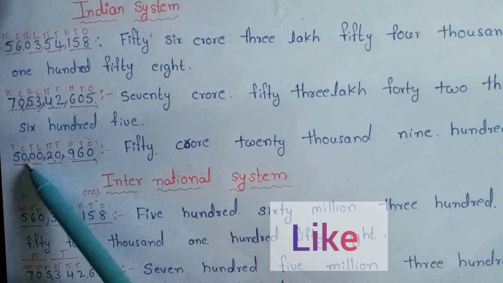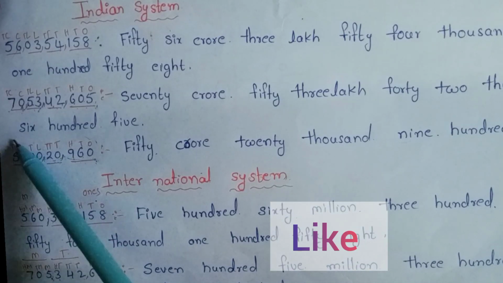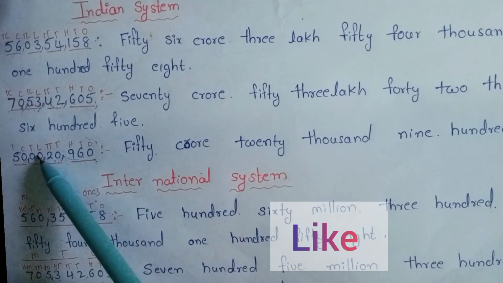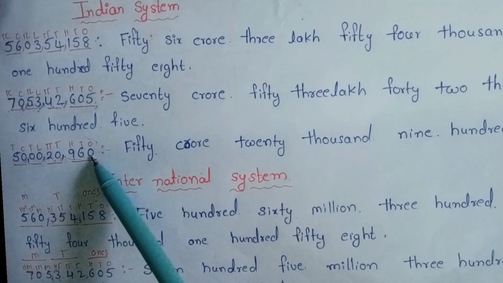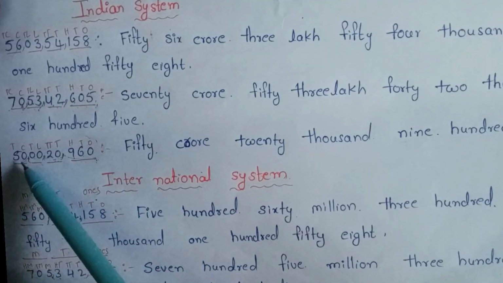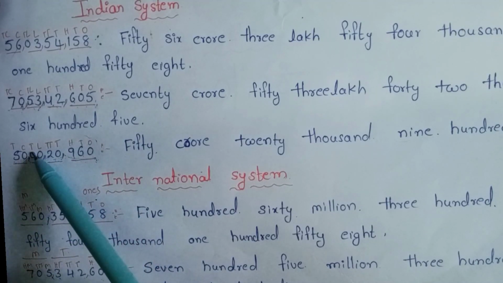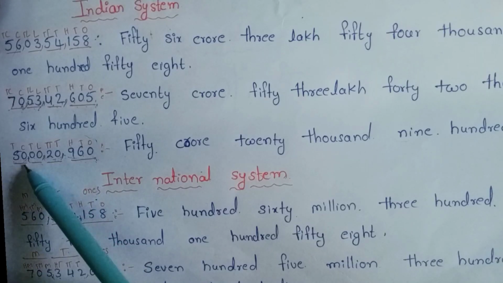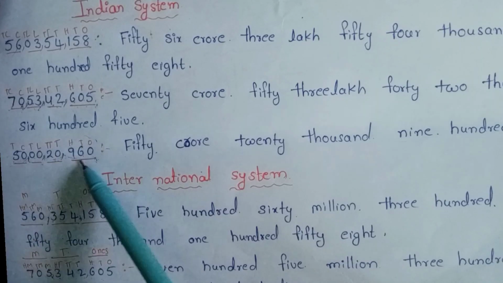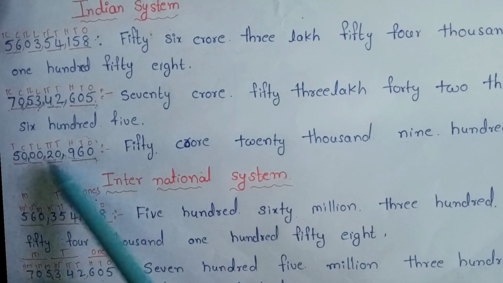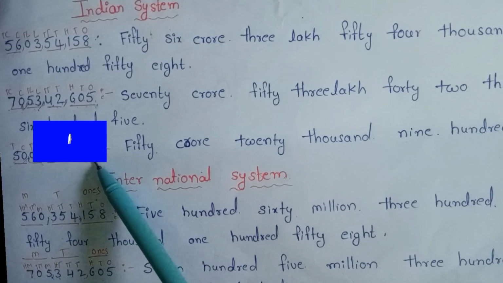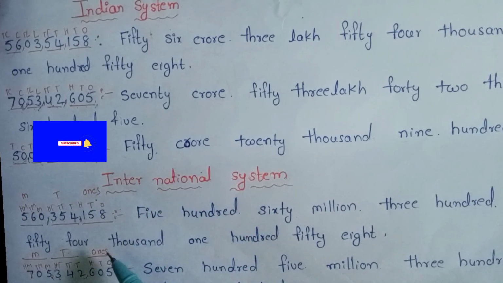Lakh, 10 lakh, here also a comma. Then crore, lakh, these two digits thousands, these three digits unit place. So this is 50 crore, there are no lakhs, 50 crore 20,960. 50 crore 20 lakh 960. This is the number name.